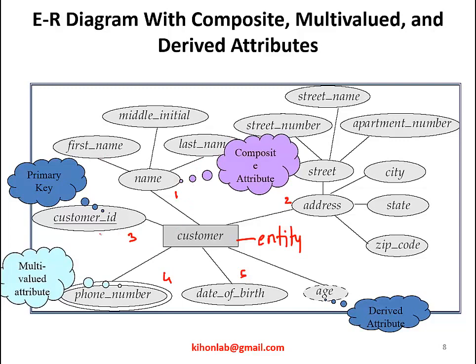This underlined attribute is represented as a primary key, with the help of which the customer is uniquely identified. Phone number is a multi-valued attribute, meaning a customer can have more than one phone number. And age is the derived attribute. From the given date of birth, there is no need to enter the age of the customer; it can be derived. So this is the example of these attributes.